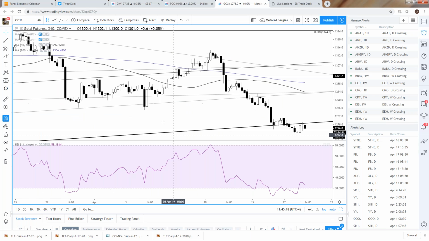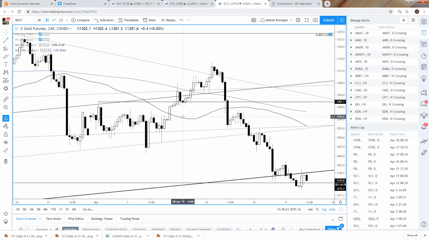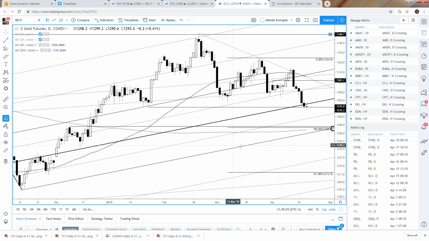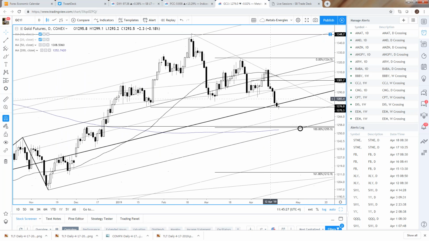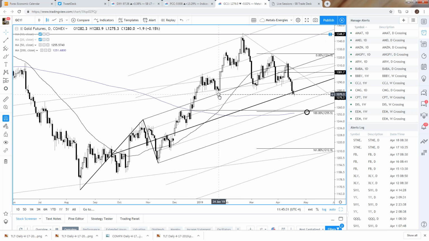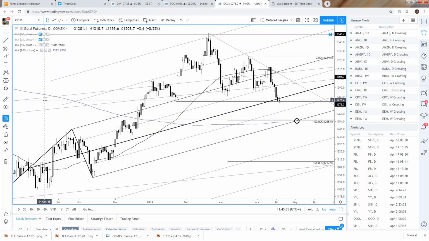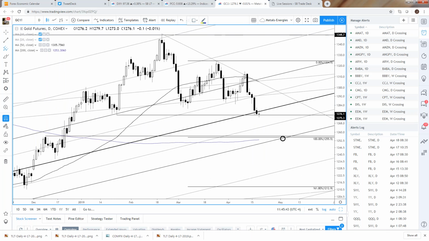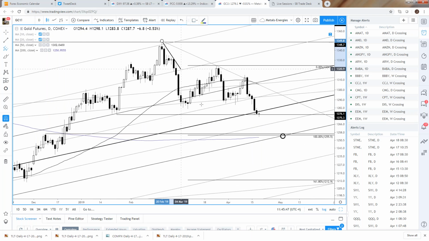When it comes to gold, we've got a little tag here today of the low from January, right? So year-to-date low in gold. Could you get a bounce? Sure. Are we at the level where it's time to buy gold?